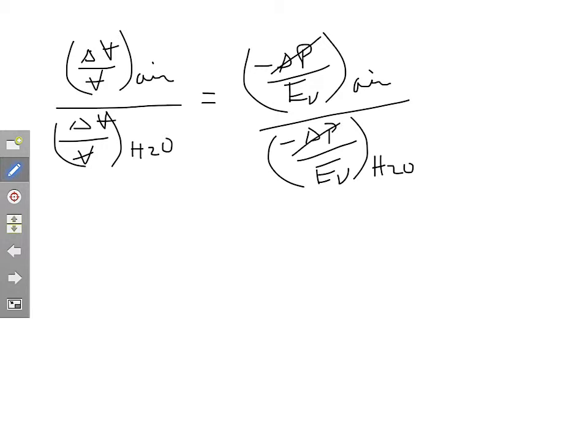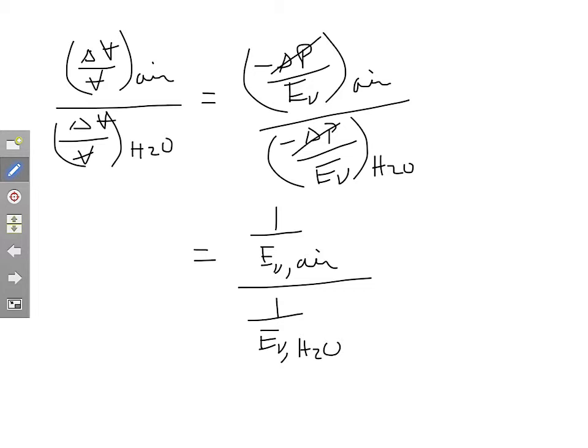What we're left with is this kind of strange equation that just appears in the book, 1 over E_V of H2O. If we manipulate things a little bit, we get the bulk modulus of water over the bulk modulus of air.